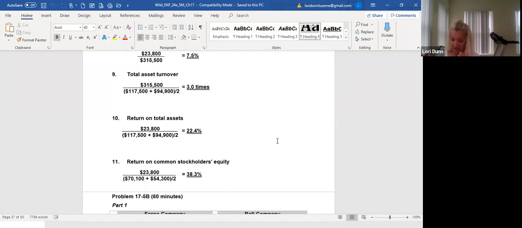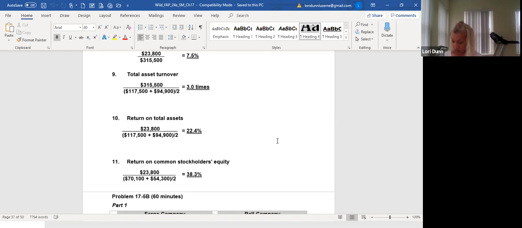And then we have information about each company's income statement. And then they also give us beginning balances of certain items from each company's balance sheet in the right bottom box there. So let's look at requirement 1.